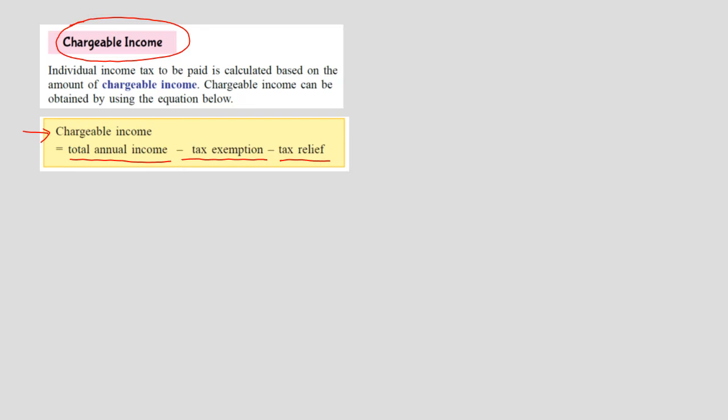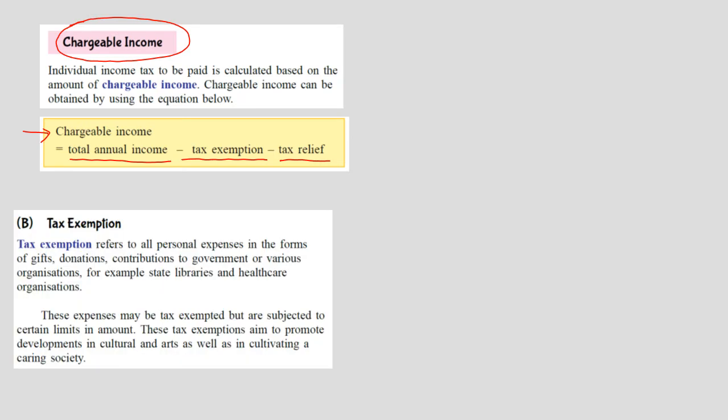Okay, so what is tax exemption? Tax exemption refers to all personal expenses in the form of gifts, donations, contributions to government or various organizations. For example, if you donate some money to state libraries or to a healthcare organization, that money that you have donated will be minused.